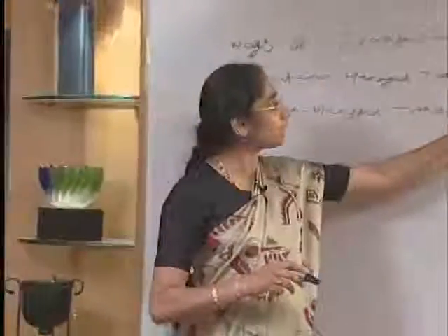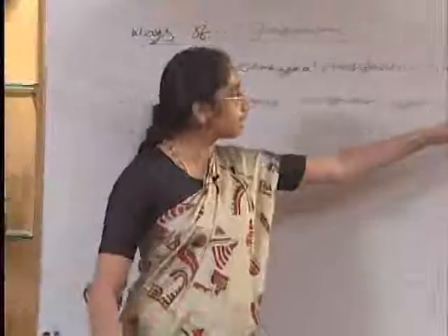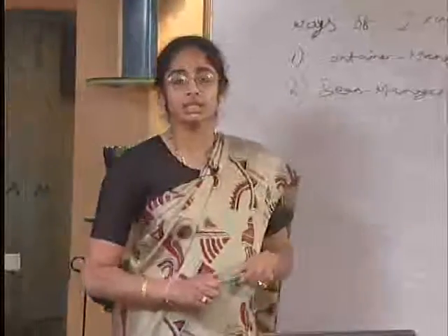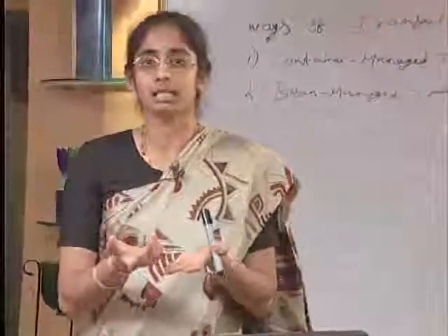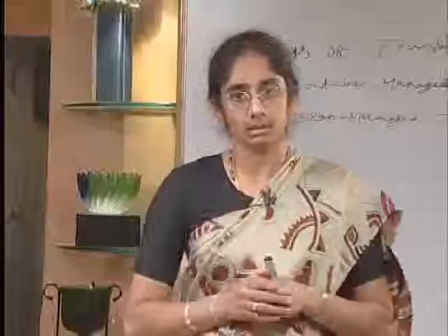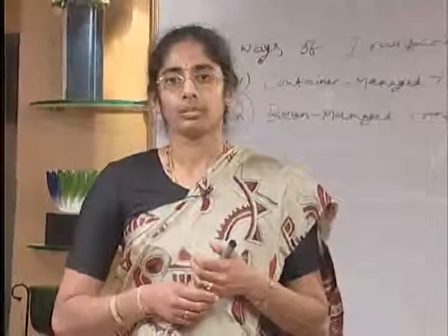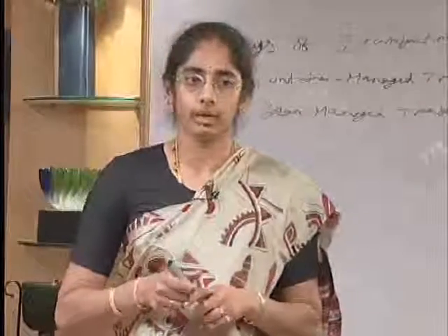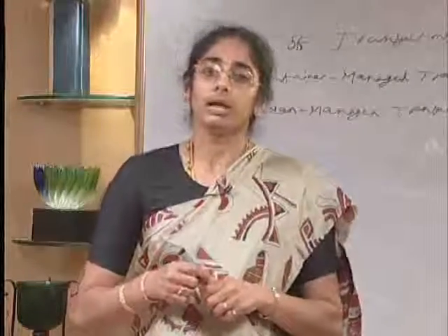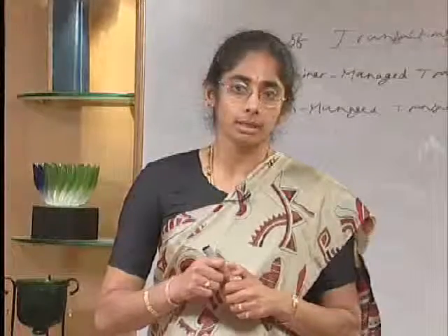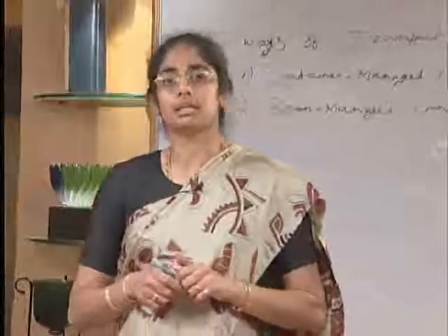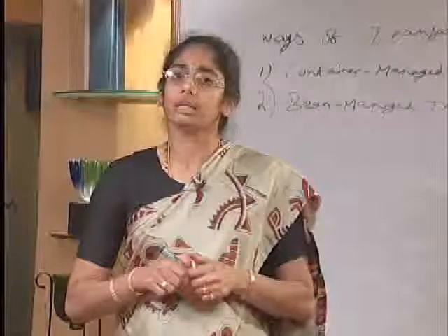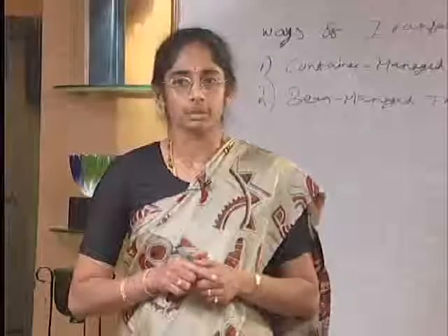In case of a container managed transaction, since it is a declarative method, we need to declare to the container, via the XML file, when we want to begin a transaction and when we want to end it. While we were looking at the entity beans, we saw the assembly descriptor with the container transaction element specifying the method name and the transaction type.